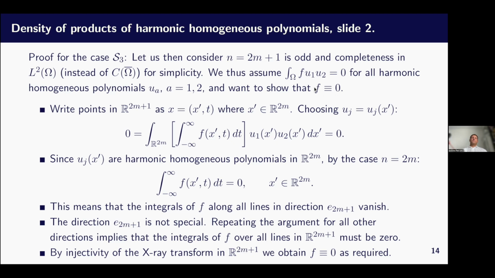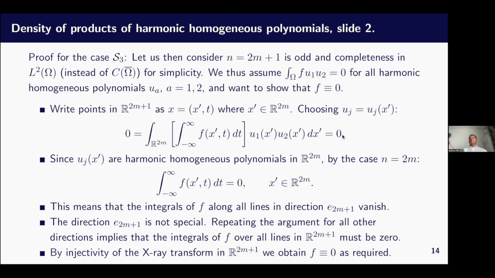To prove this, we write the points of R^(2n+1) as (x', t), where x' is a vector in R^(2n), and t is a real number. Now if we choose these u_j's to be independent of t, and harmonic polynomials, obviously, then we get the following condition: the integral over R^(2n), and then the integral from minus infinity to infinity of f(x', t) against u1(x') u2(x') is 0.